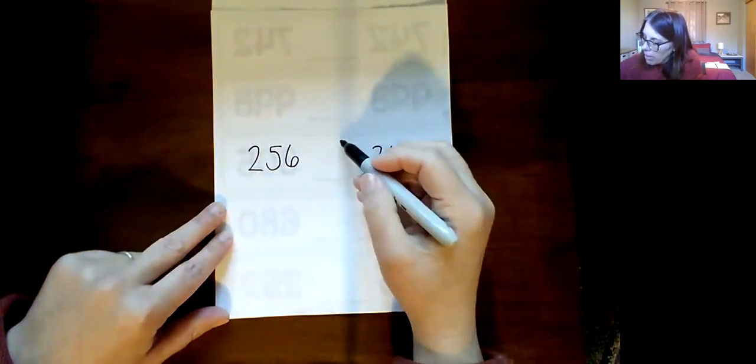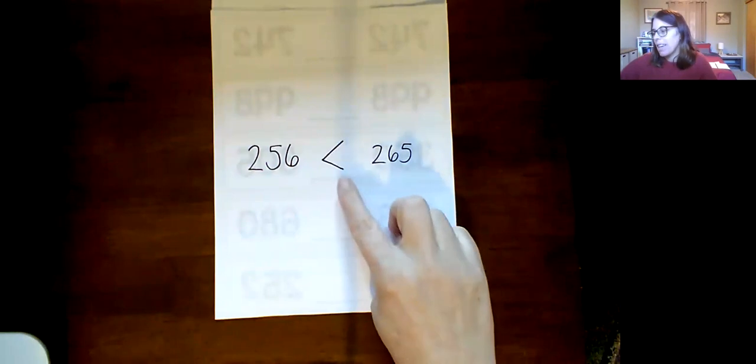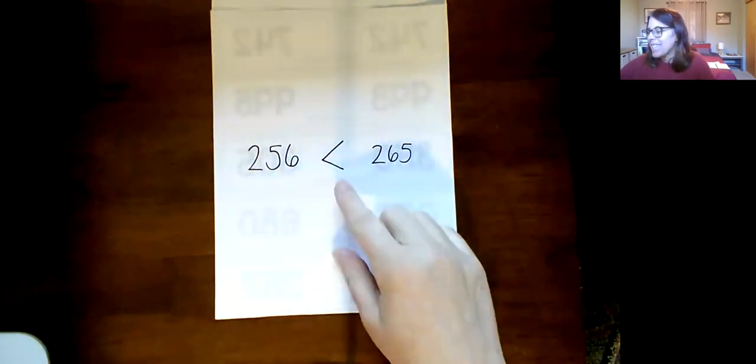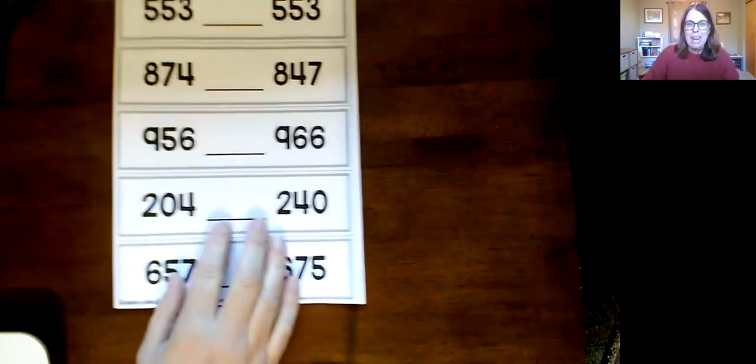Oh, I need a greater than sign. Or I meant, wait a minute. What sign is this? Is this a greater than sign? No. 256 is less than 265. So go ahead, and if you need some extra challenge, go ahead and make up some of your own. Okay, go ahead, mathematicians. Get to work comparing your numbers.